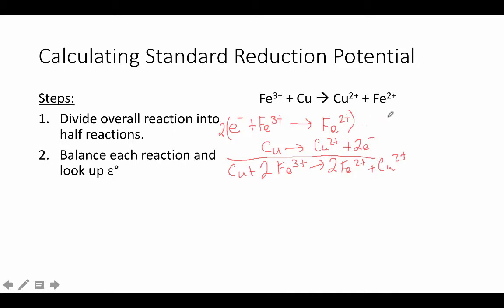When I look those up, I find that for the reaction written as e minus plus Fe3 plus yields Fe2 plus, the E naught value is 0.77 volts.